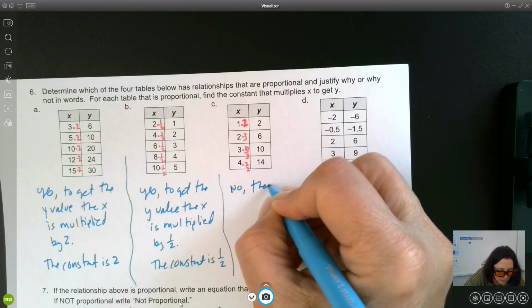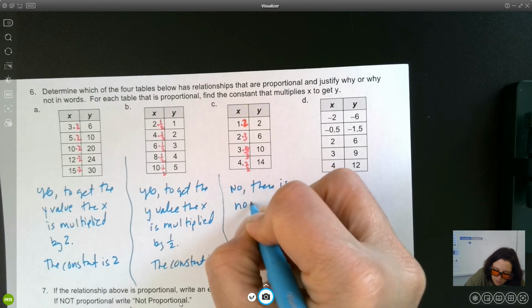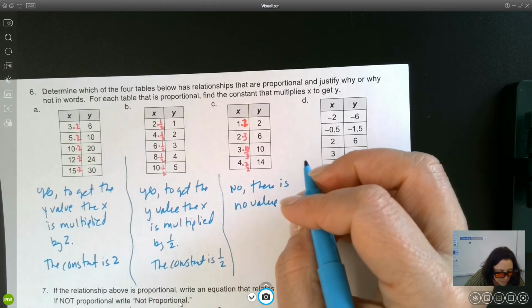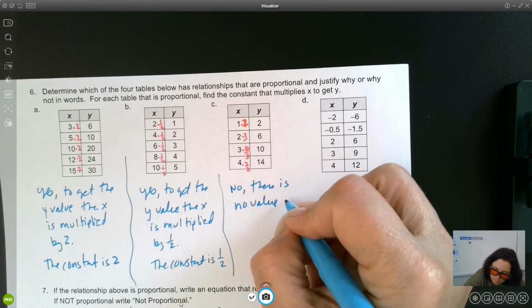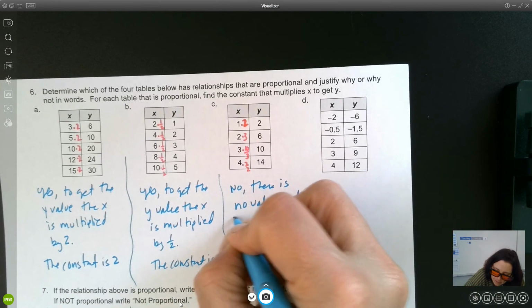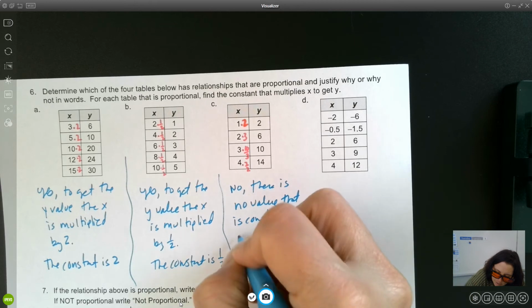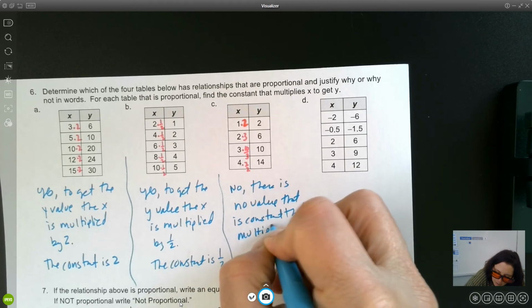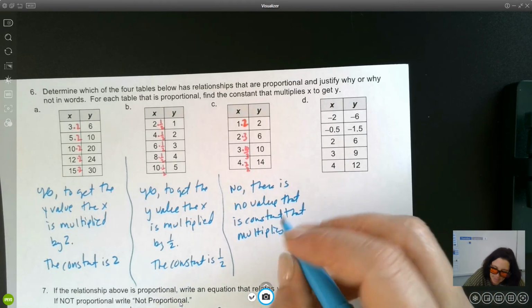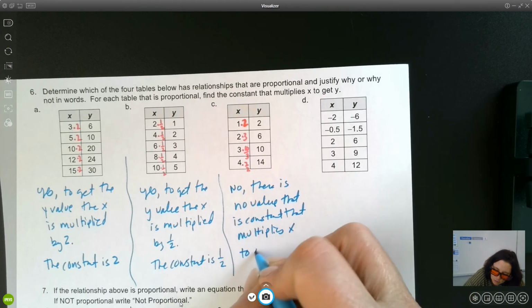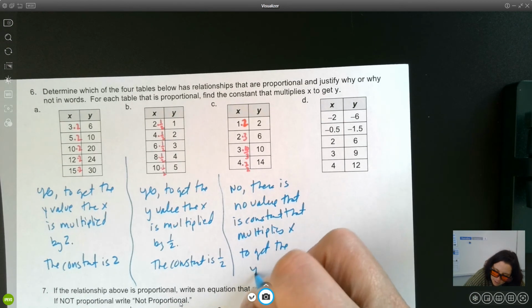There is no constant value that multiplies x to get the y values.